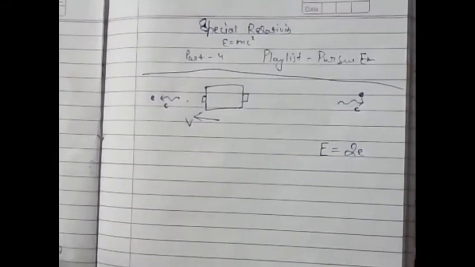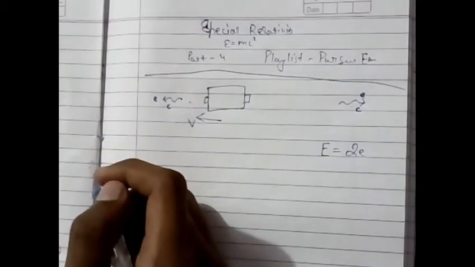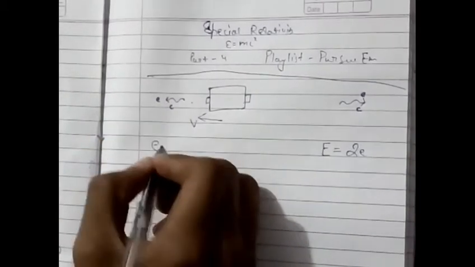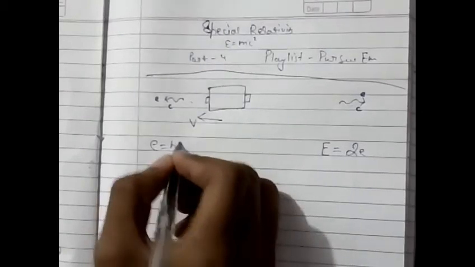Now, as we know from Professor Max Planck's equation, energy is Planck constant times the frequency, E equals h nu, and by the equation of relativistic Doppler effect you'll get to know the frequency of both the two photons.